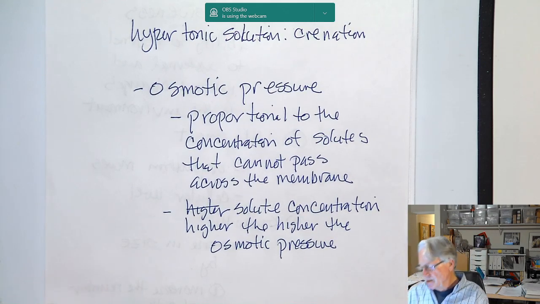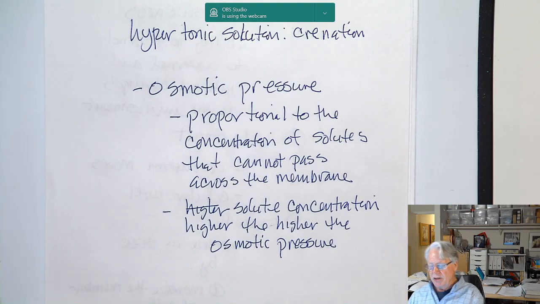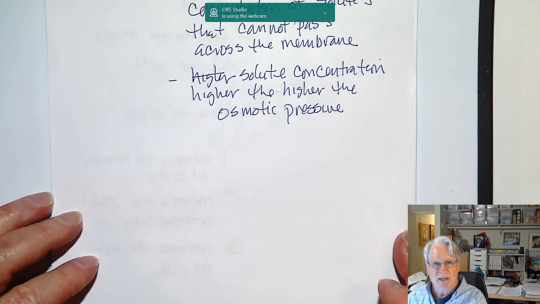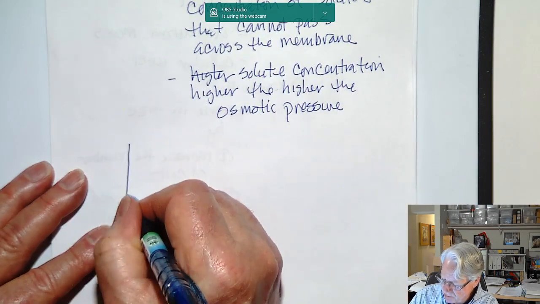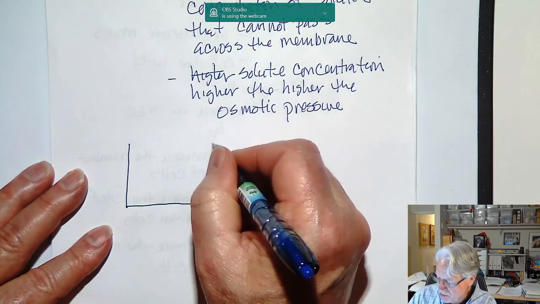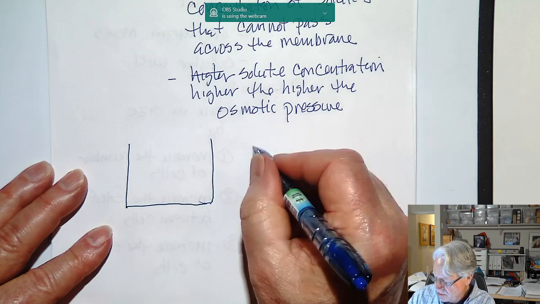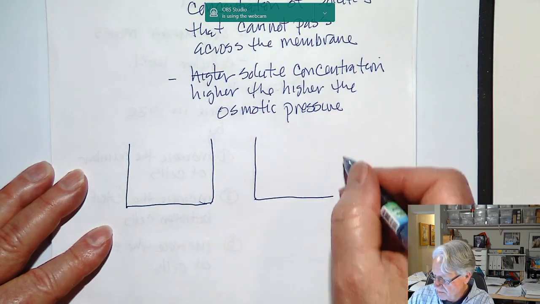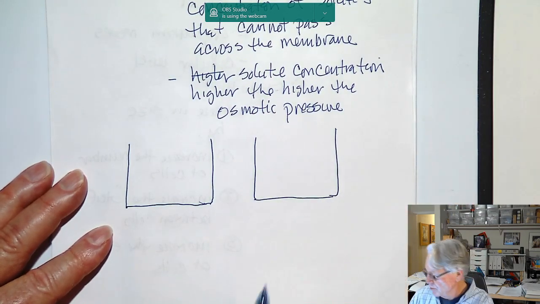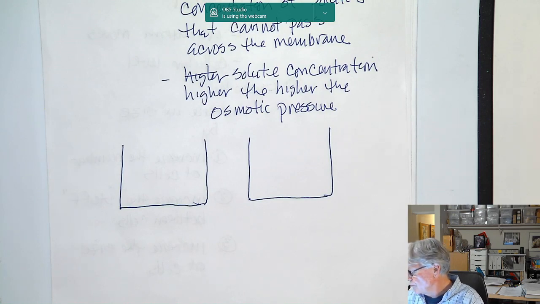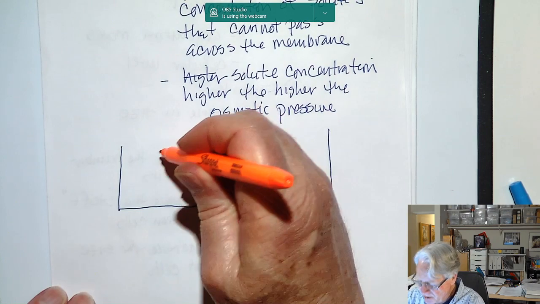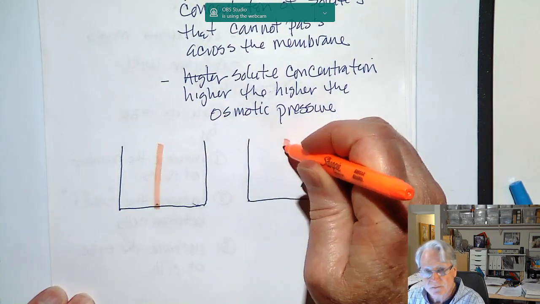So the higher the solute concentration, the higher the osmotic pressure. Let's go ahead and illustrate that to try to understand what we're talking about. So I've got two conditions, and we're going to place in that a selectively permeable membrane.